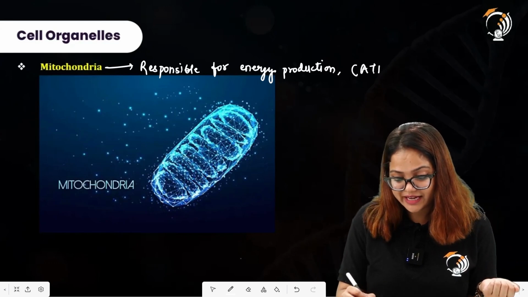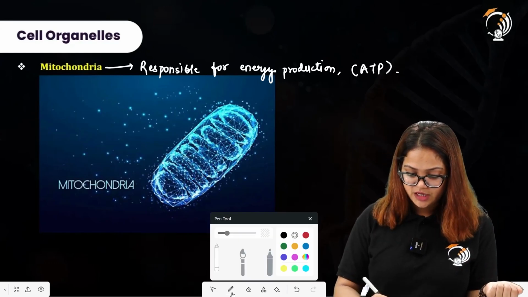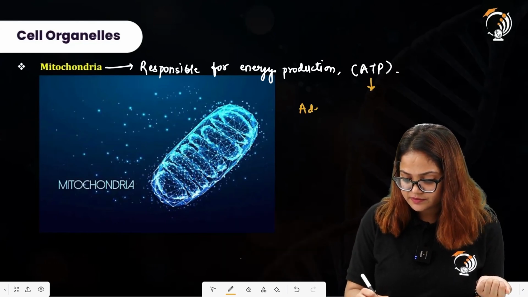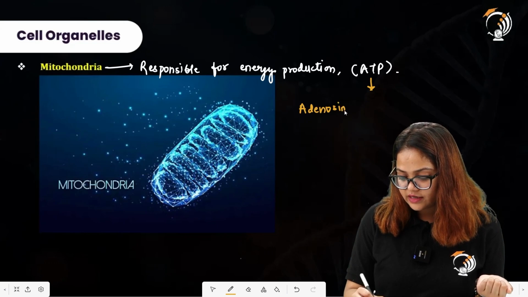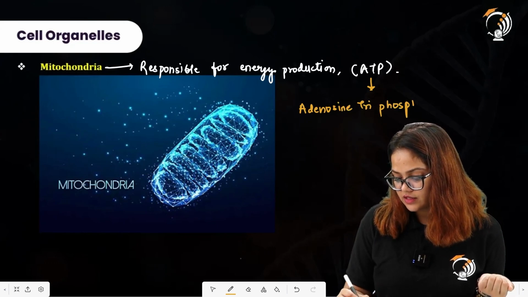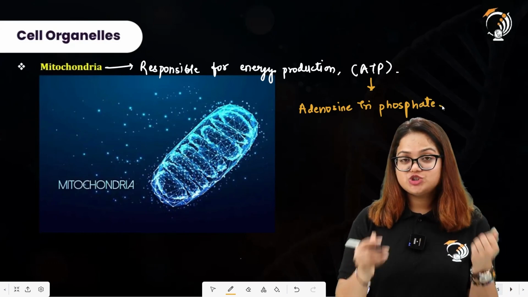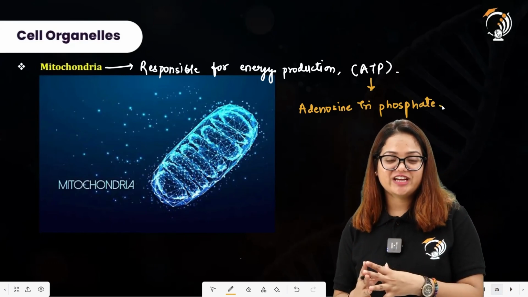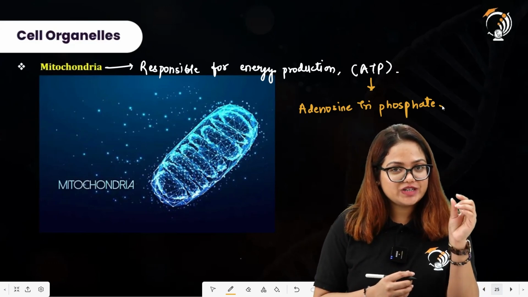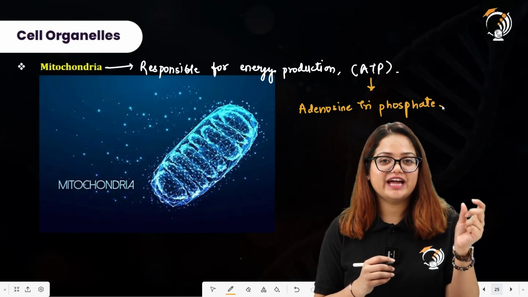What do we mean by ATP? The full form of ATP is adenosine triphosphate, and it is formed by joining inorganic phosphate to ADP, where D stands for adenosine diphosphate.